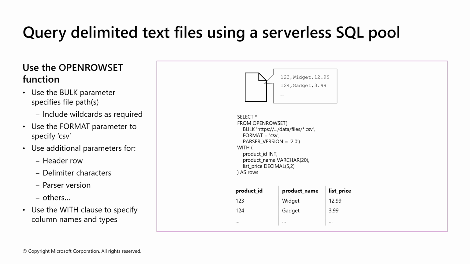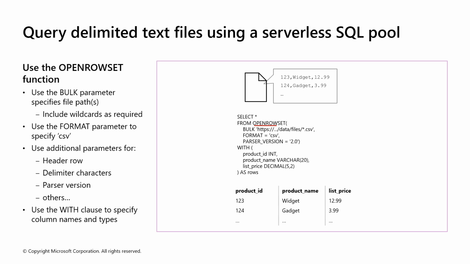Let's start with a CSV file, probably the most common format we'll be working with. Here is a simple example for it. If you see in the code which we have here, we have the OPENROWSET function where we have certain parameters, which starts with BULK, which says this is where we actually specify our file path.